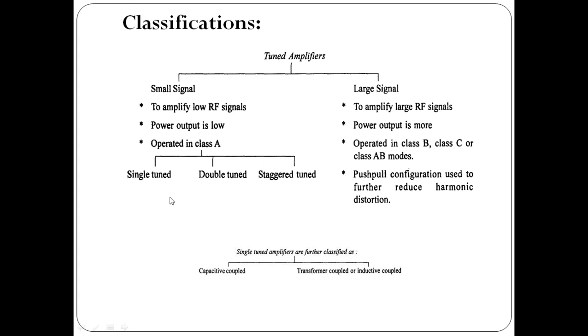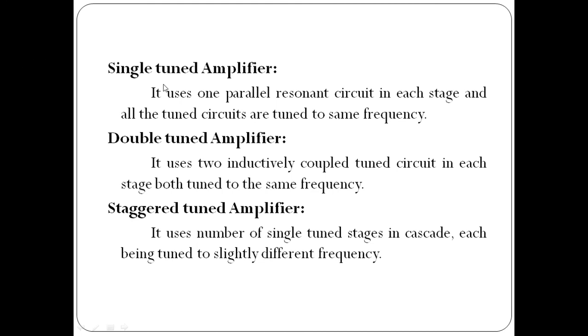Further, the single tuned amplifier can be classified into two types. One is called a capacitive coupled single tuned amplifier. The other is called a transformer coupled or inductive coupled single tuned amplifier. Now let us see what a single tuned amplifier is, what a double tuned amplifier is, and what a staggered tuned amplifier is.